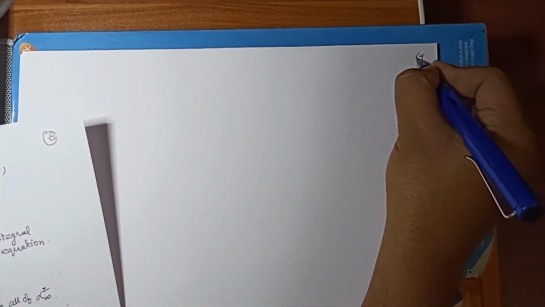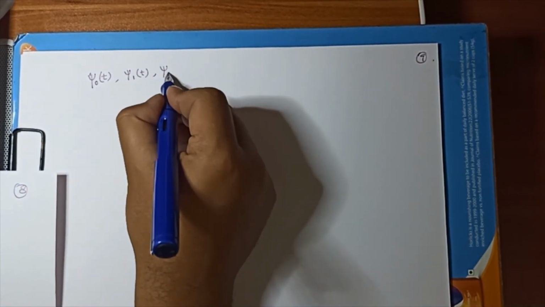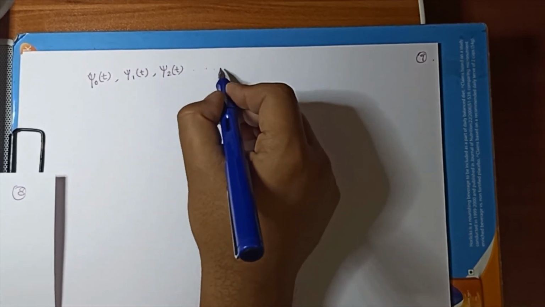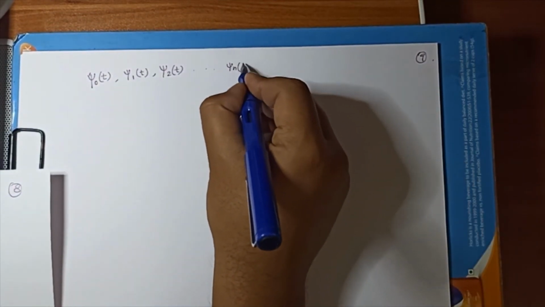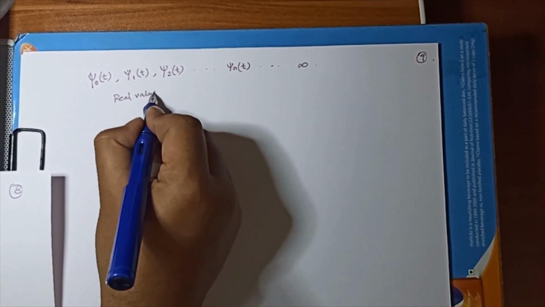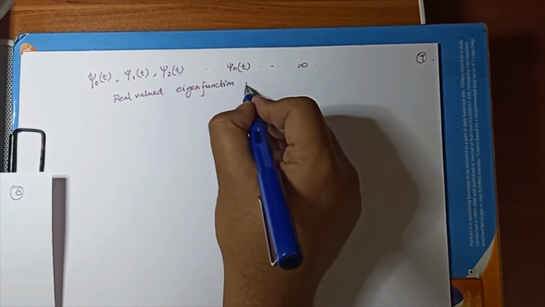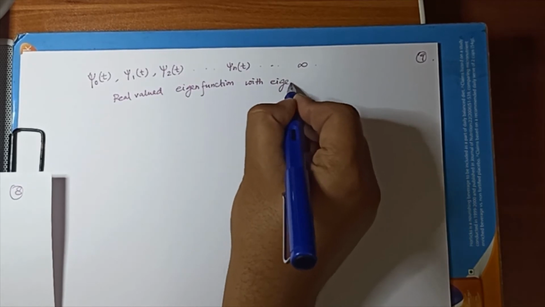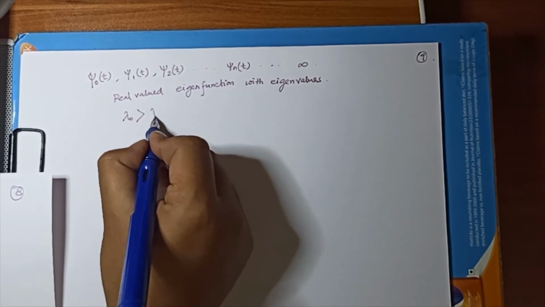So these particular functions, which I am naming as lambda 0, lambda 1, psi 0, psi 1, psi 2, up to infinity, are real valued eigenfunctions, with eigenvalues lambda 0 greater than lambda 1.